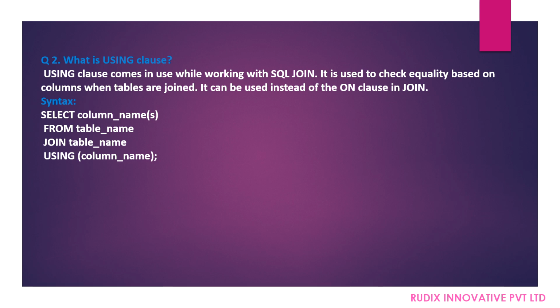While working with SQL joins, it is used to check the equality based on columns when tables are joined. It can be used instead of the ON clause in a join. The syntax is: SELECT column_names FROM table_name JOIN table_name USING (column_name). Next question.